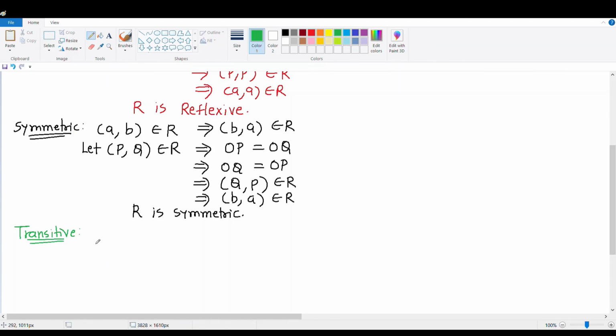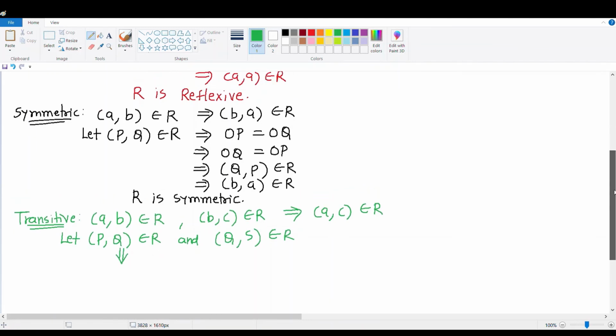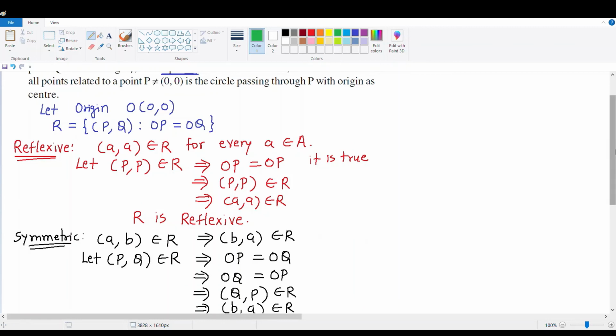Now the definition of transitive is what? That if you have some (A, B) belongs to R and you have (B, C) belongs to R, then you must have (A, C) belongs to R. So we are going to do: let (P, Q) belongs to R and (Q, S) belongs to R. Now if (P, Q) belongs to R, that means from that condition OP equals OQ.